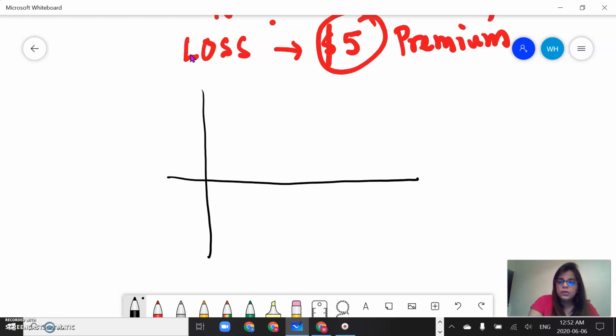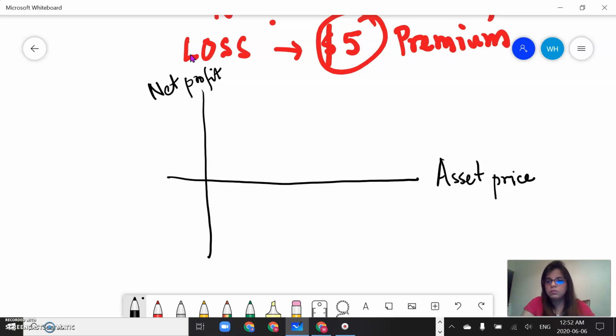If I plot the asset price, or the price of the stock, on the x-axis, and the net profit, the profit made from exercising the option, on the y-axis, I will then be able to find out what is the profit and loss on a call with respect to the two parties, buyer of the option and the seller of the option.